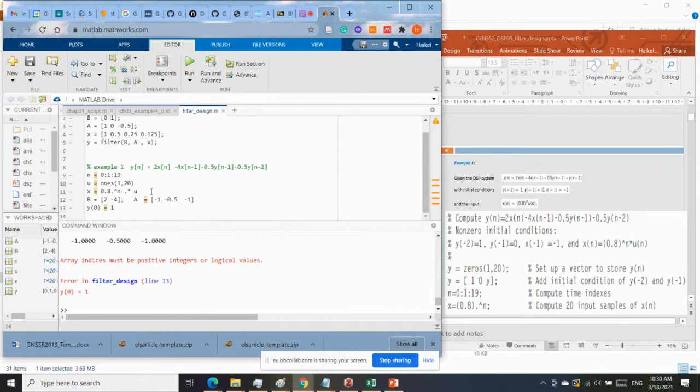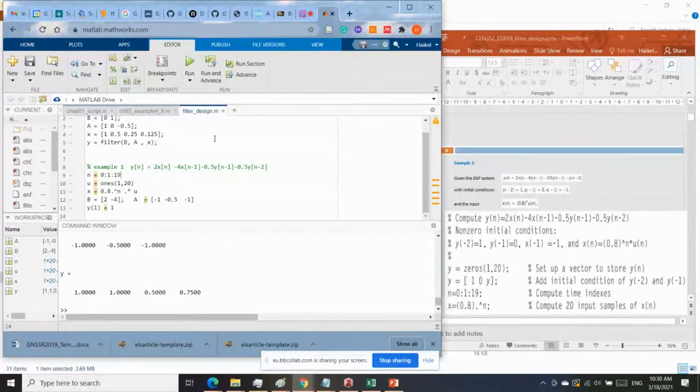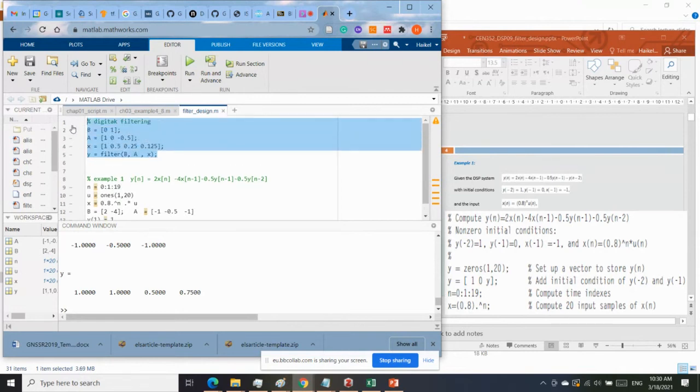Okay, Matlab doesn't accept 0. The first value we call 1. Because it was defined here.